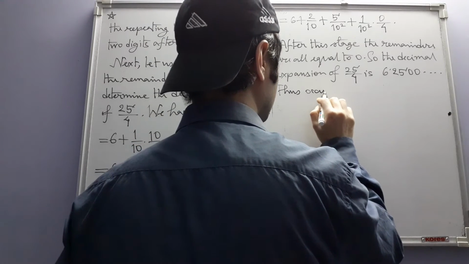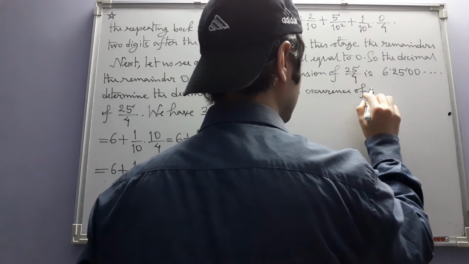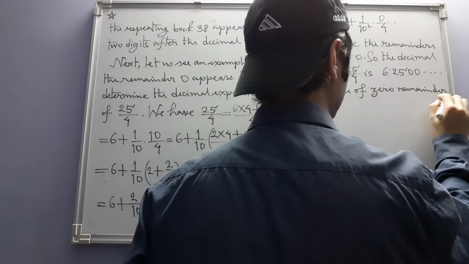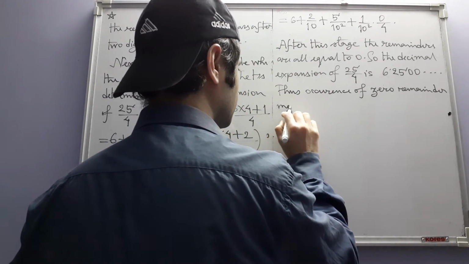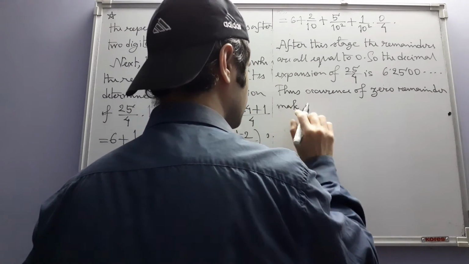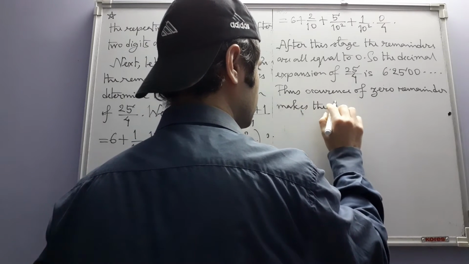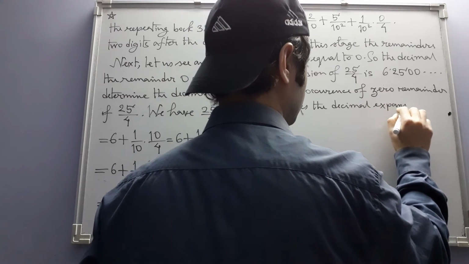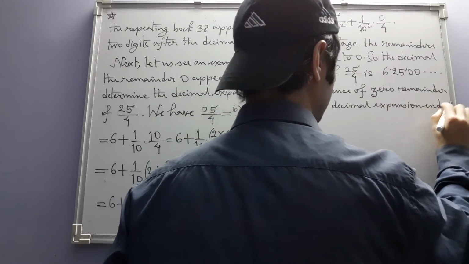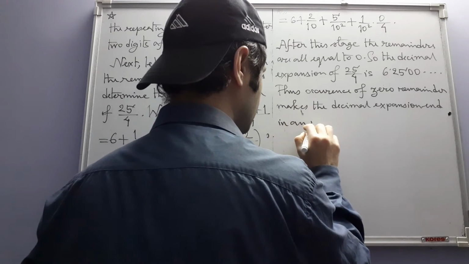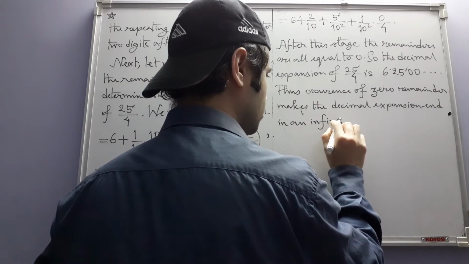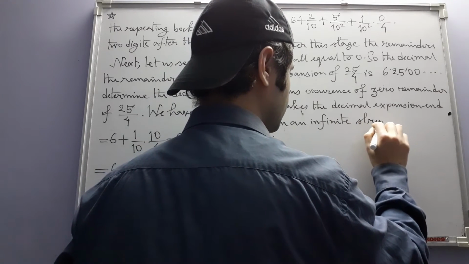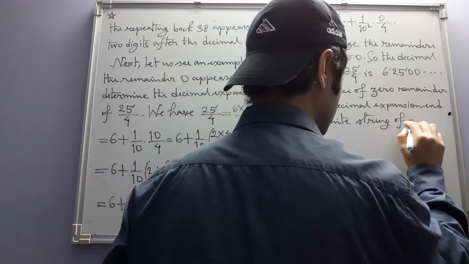Thus, occurrence of zero remainder makes the decimal expansion end in an infinite string of zeros.